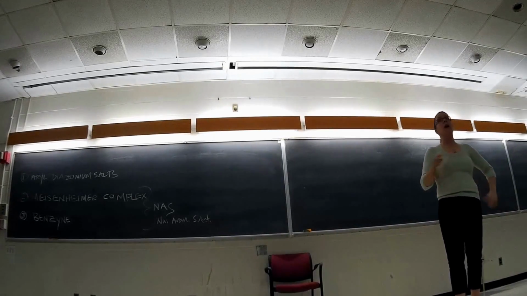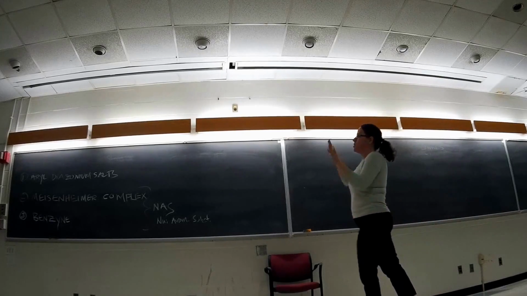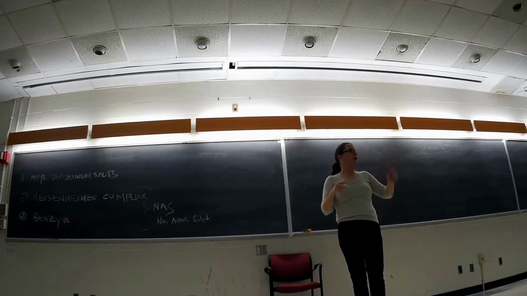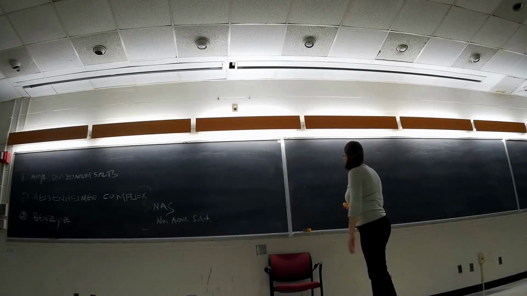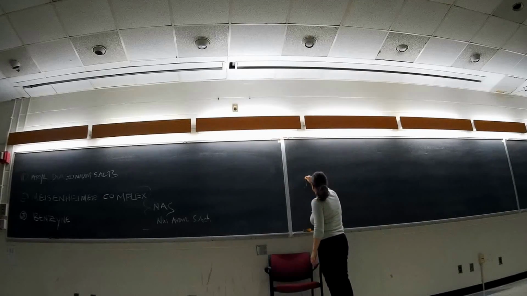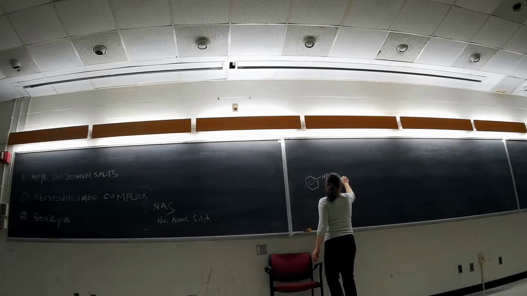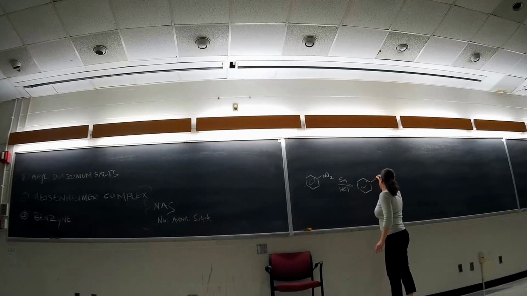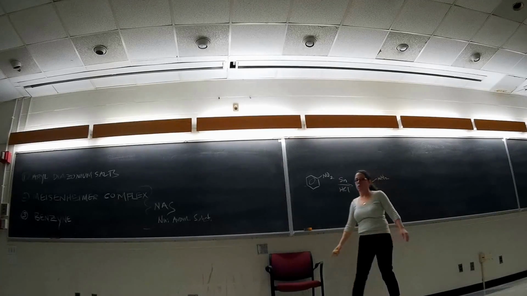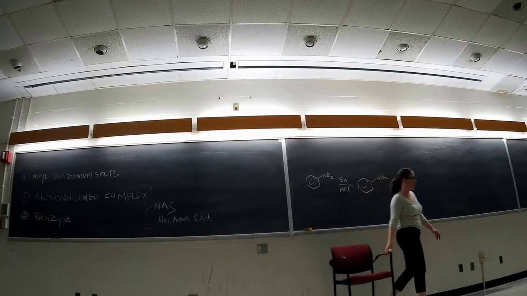So to start from the top here, the first thing to do, I guess, is just to create a chart of how to get to an aryl diazonium salt and what it is and why it's useful. So like I said, you have to start from a nitrobenzene. And once you have a nitrobenzene on here, you know that you can reduce this to aniline. Aniline is actually the starting point for creation of the aryl diazonium salt.